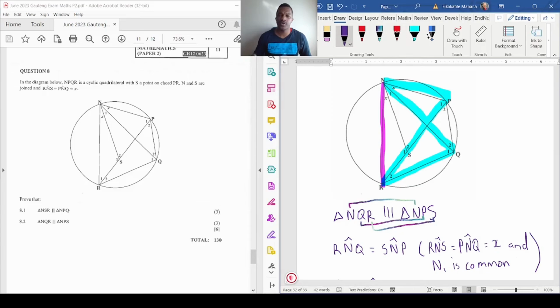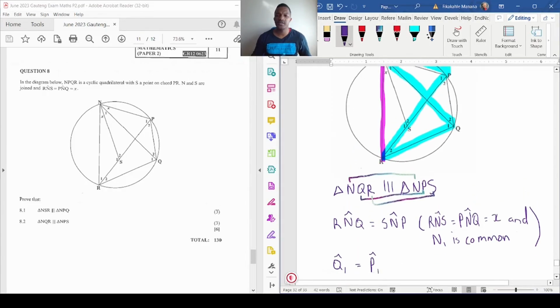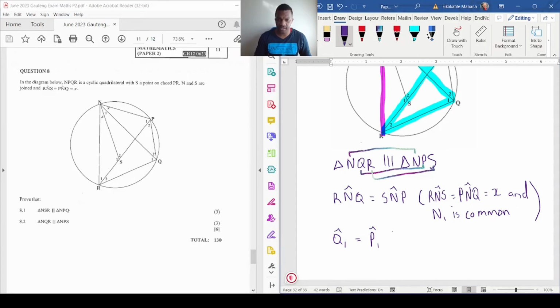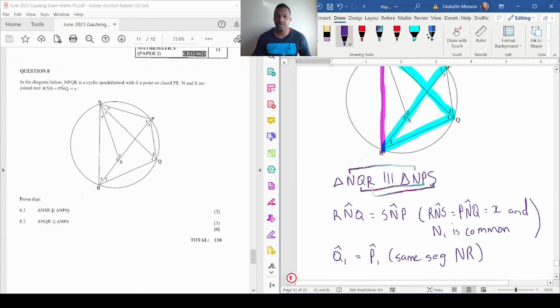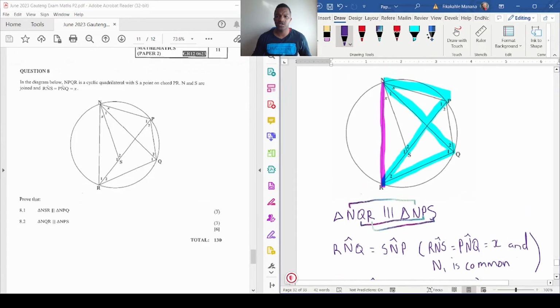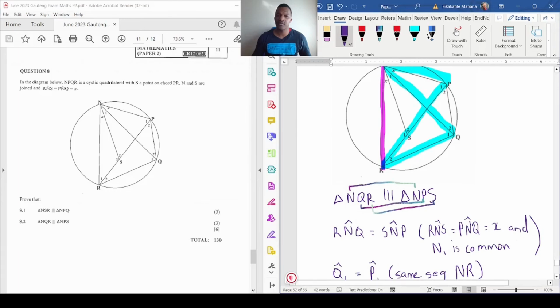Then we can say same segment as the reason, and you must mention that segment, it is NR. And then this last one, R and S. We need to mention them. It's just that I've rubbed my triangles, but that R is basically NQR, and QR is basically NRQ.